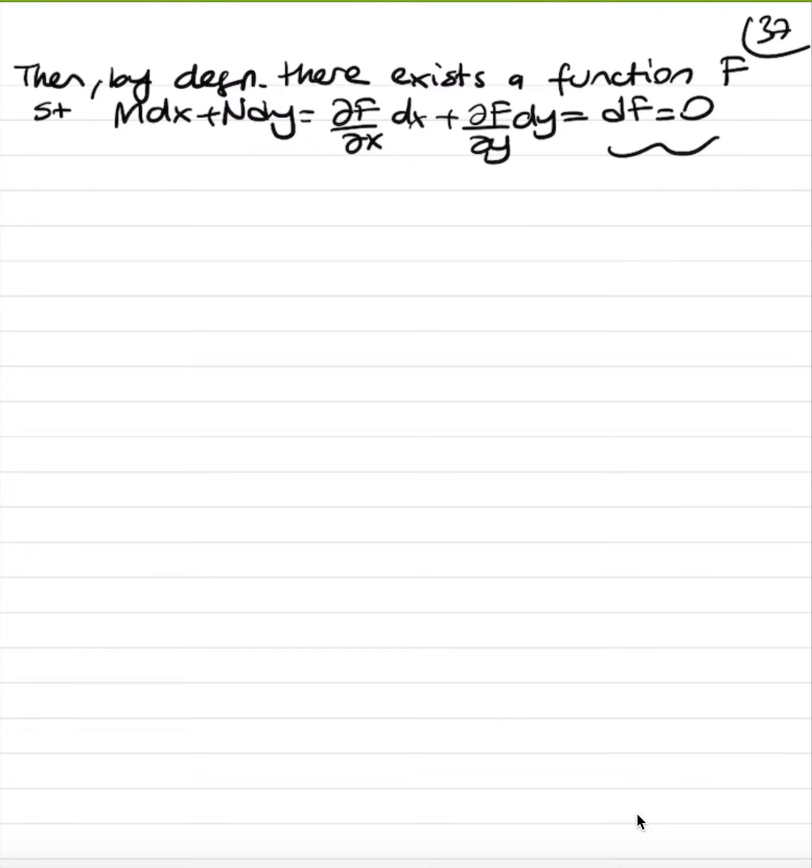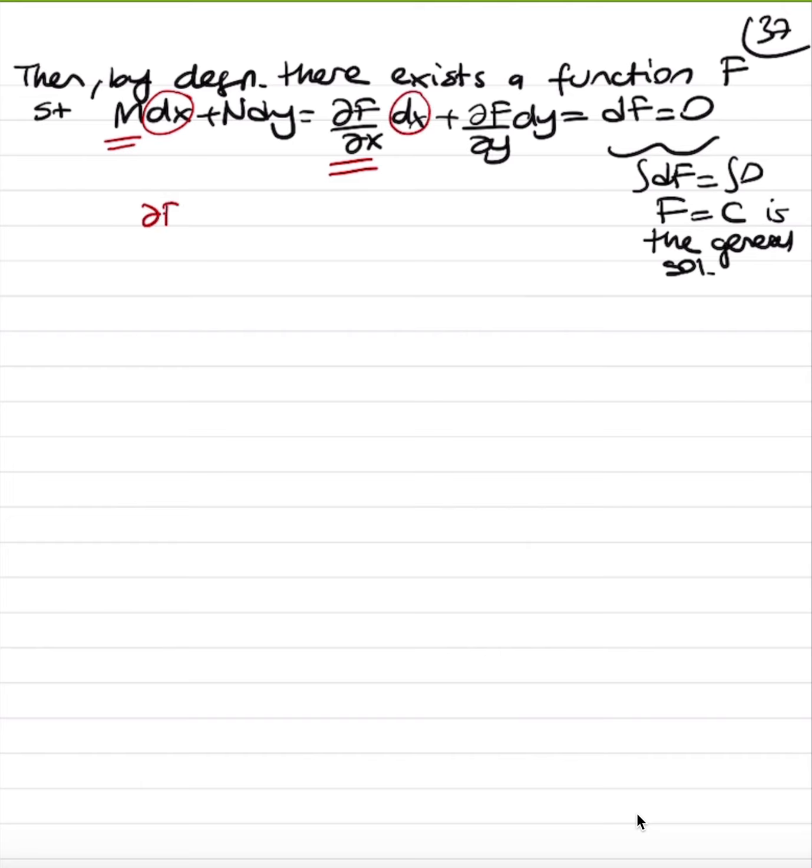And from here, df is equal to 0, we just integrate. So f is equal to c is the general solution. So to find the solution, we need to find the function f. And how can we find it? This means that the coefficient of dx must be equal, so del f over del x must be m, and del f over del y must be equal to n.